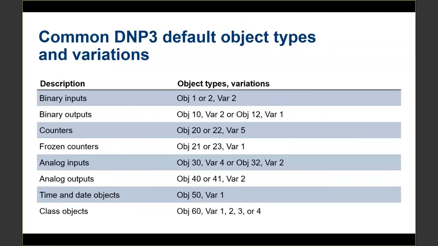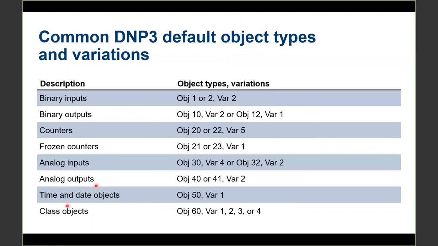Still in this table, we also see other functions such as time synchronization, which has a specific object. When the master station wants to send a time synchronization to the slave relay, it will send a message with function code 02 write in object 50 for time synchronization.